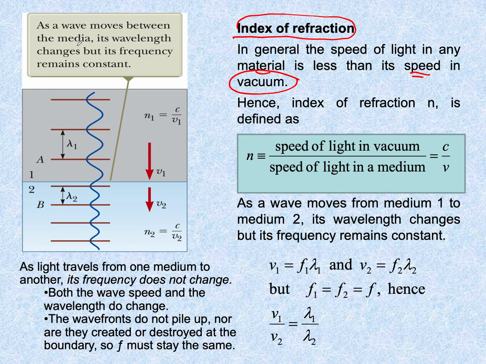As a wave moves between media, its wavelength changes but its frequency remains constant. Light has a specific wavelength in each medium it passes through. Hence the index of refraction, with symbol n, is given by the speed of light in vacuum divided by the speed of light in the medium: n equals c over v.